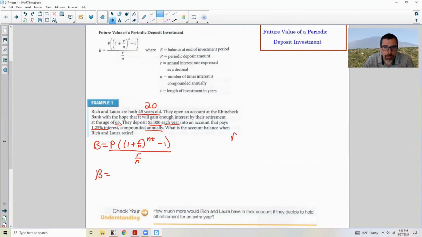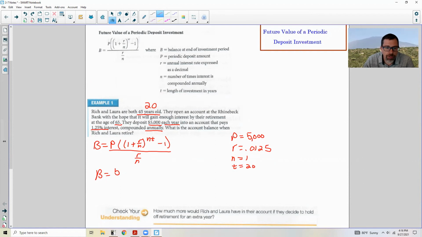So over here, I'm going to write P equals 5,000. R is our rate, 0.0125. N is 1, compounded annually. And T is time, that's our 20 years from age 45 to 65.